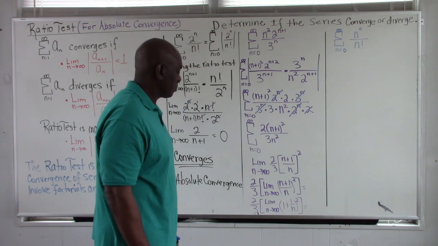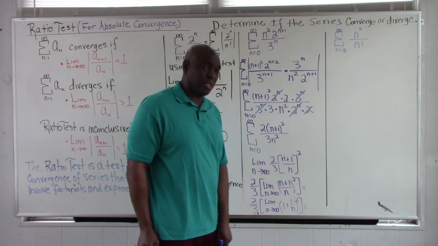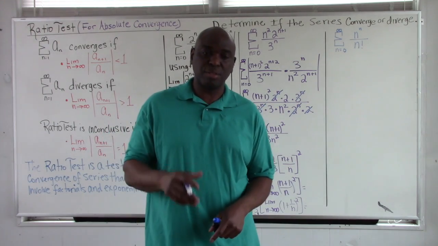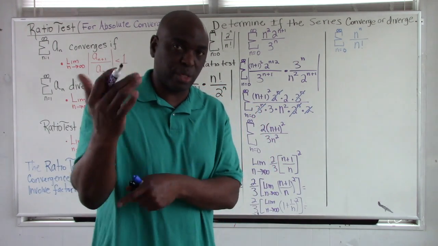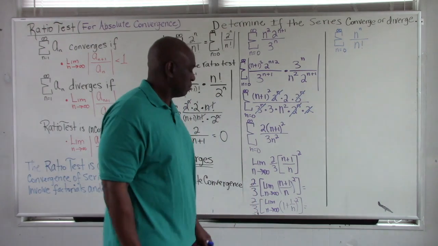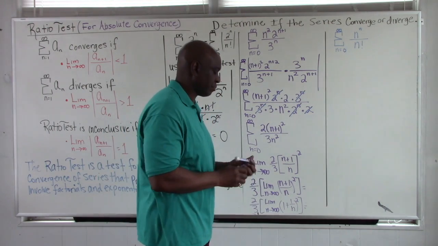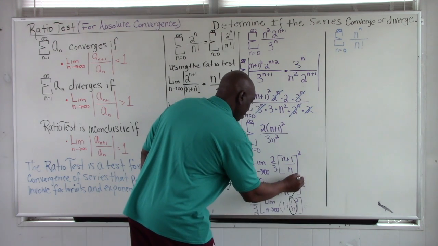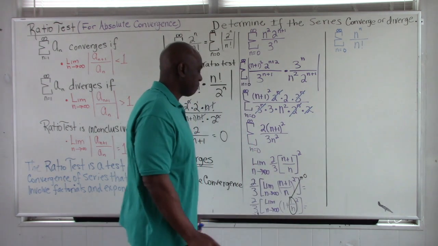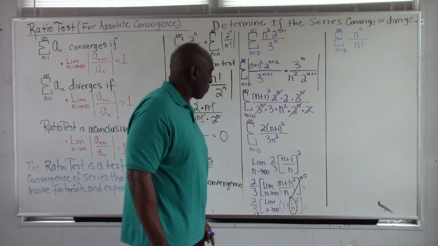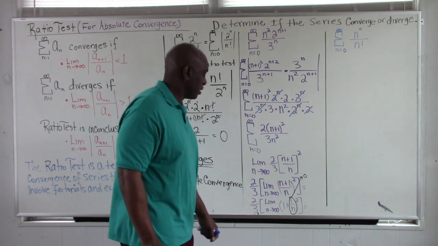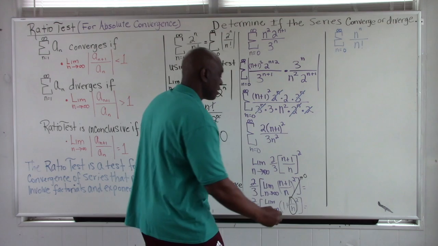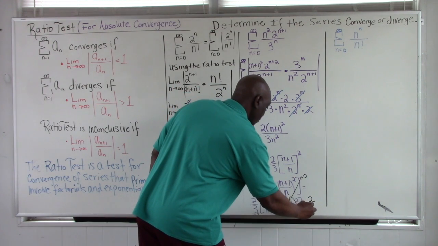Well, here we go. As n goes to infinity, where does 1 plus 1 divided by n quantity squared go? Well, we know that 1 over n goes to 0. And so this just goes to 1. And so this limit here is 2/3.